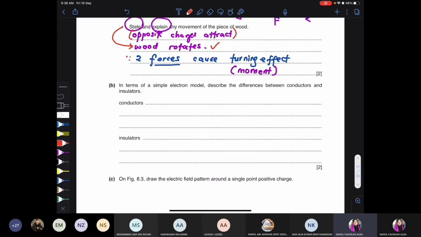Yes, they are different. So what do you know about conductors? They can conduct electricity. Correct. But that cannot be the answer. Why? Because it is not in terms of the simple electron model. So you need to talk about electrons.